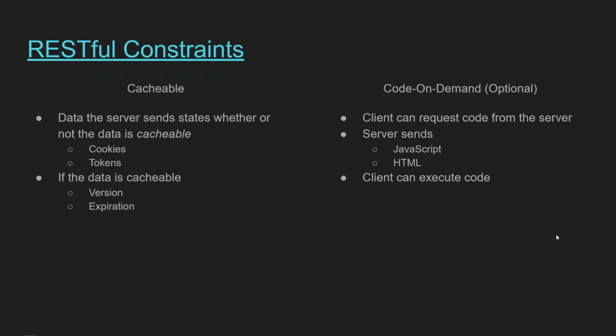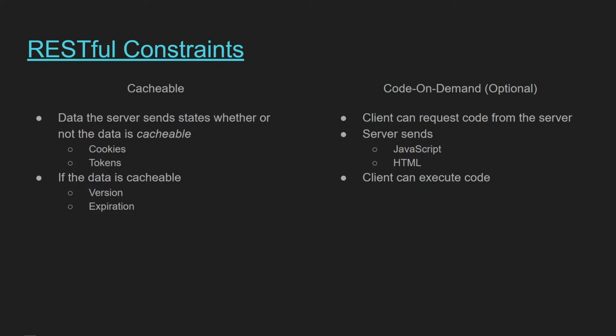Cacheable, so the data the server sends states whether or not data is cacheable, like cookies, tokens, stuff like that. So that's the cacheable constraint that we're talking about. As a server, you could actually tell the browser or whoever is requesting, hey, this resource is going to be valid for X amount of days or hours or minutes or seconds, right?